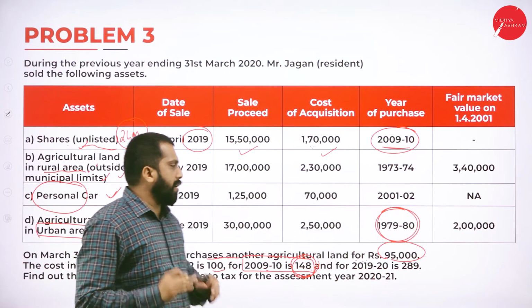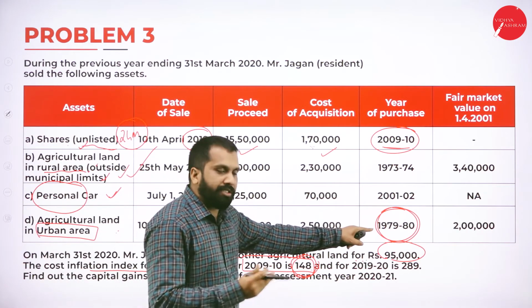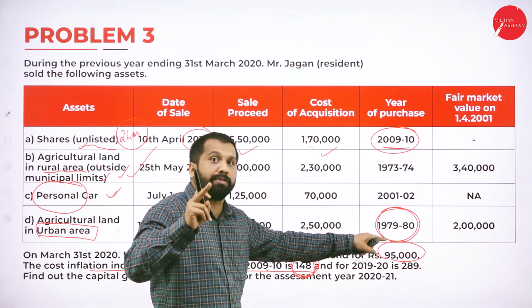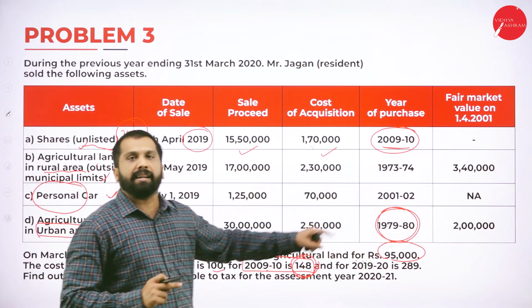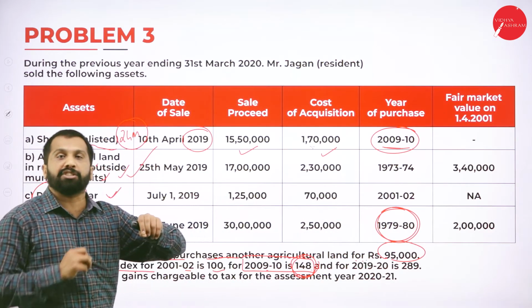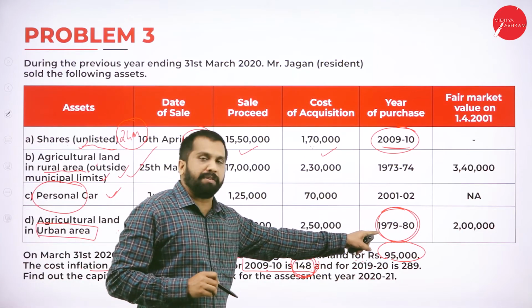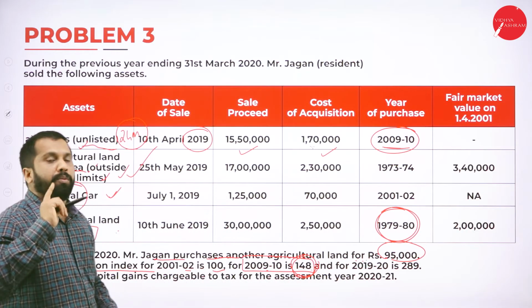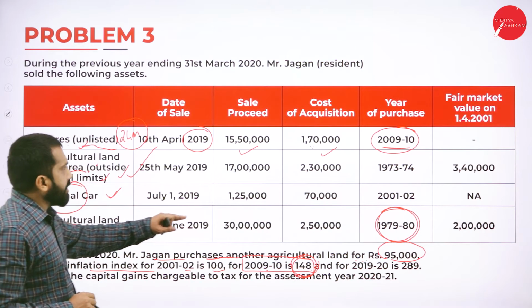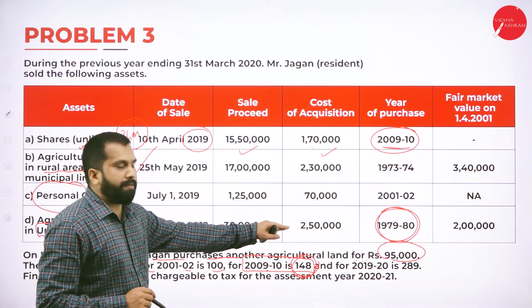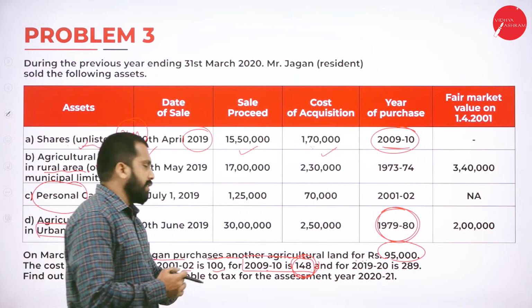Even though it is purchased before, we should consider 2001 as the year. And what is the base indexation number? 100. Anything purchased before, the indexation number will be 100. Now, you know the selling price. You know the cost of acquisition? Yes, we'll go to the answer.